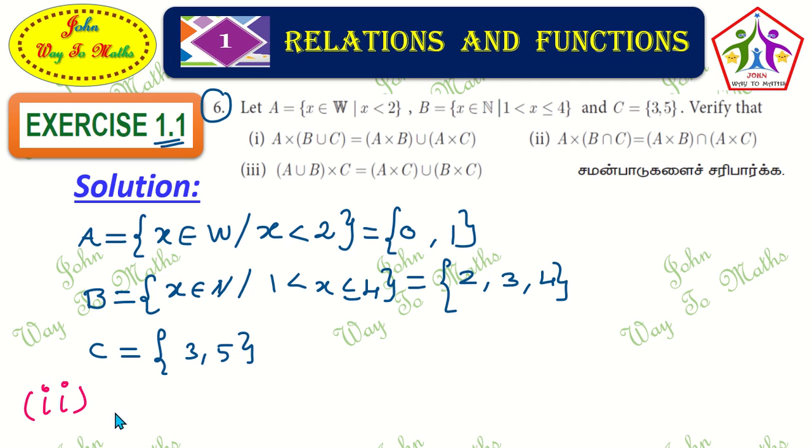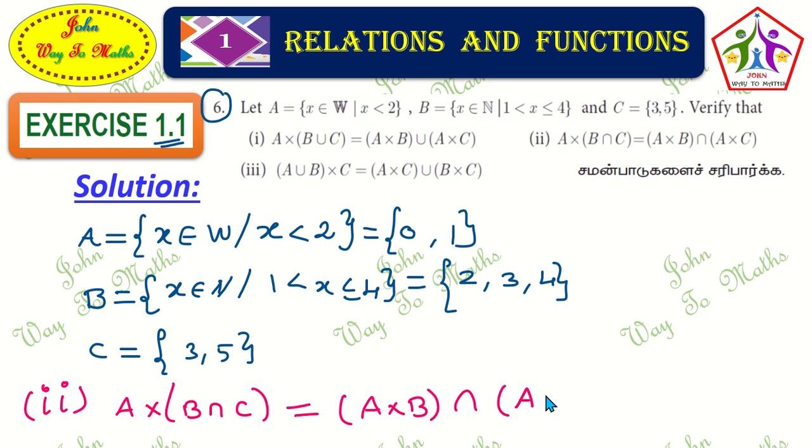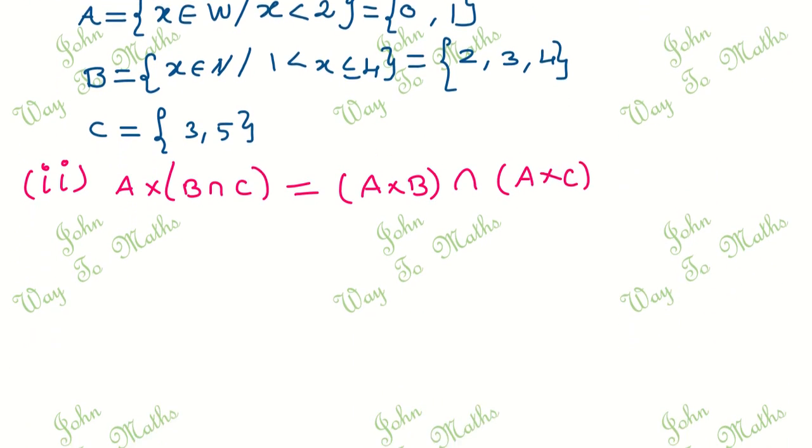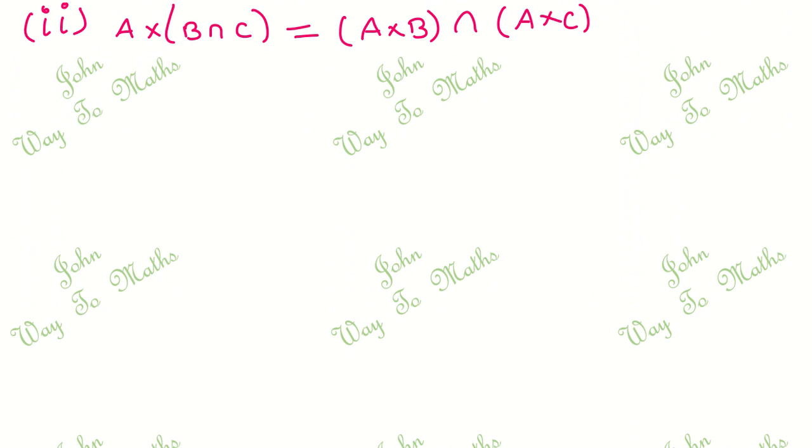A cross (B intersection C) is equal to (A cross B) intersection (A cross C). So first I am going to choose the LHS.